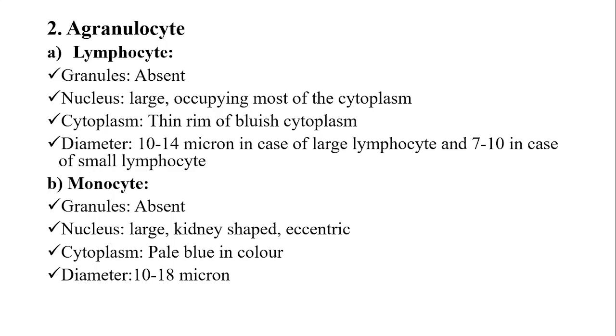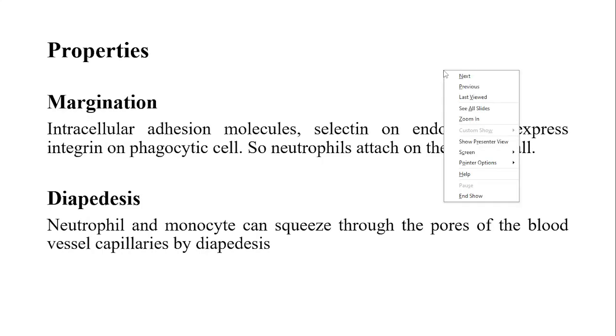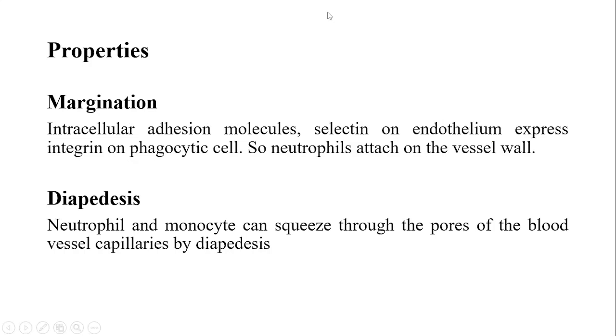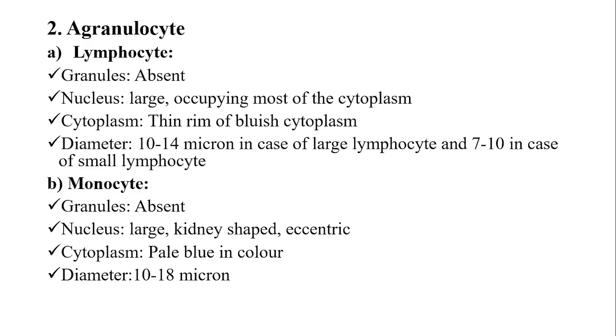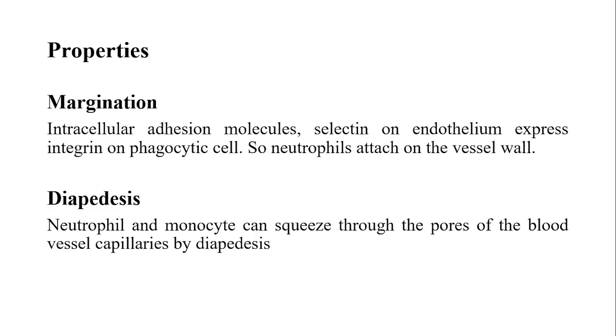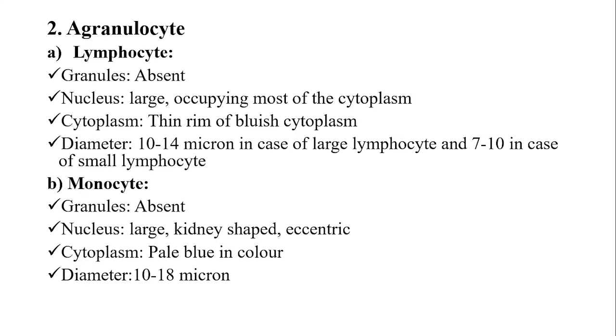In monocyte also, being an agranulocyte, the granules are absent. A very specific or unique criterion of monocyte is that the nucleus is large, kidney shaped and eccentric.